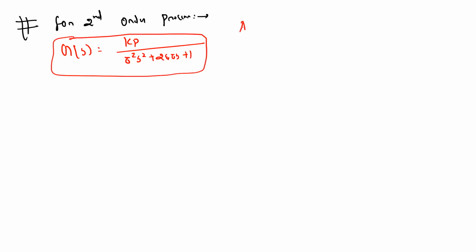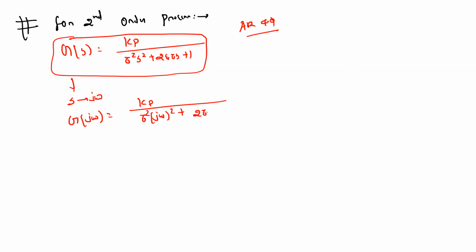And we are very much interested in knowing the value of amplitude ratio and phi. So how can I calculate? I'll substitute s equals j omega. So G of j omega equals again Kp upon tau square (j omega) whole square plus 2 tau zeta into (s equals j omega) plus 1.